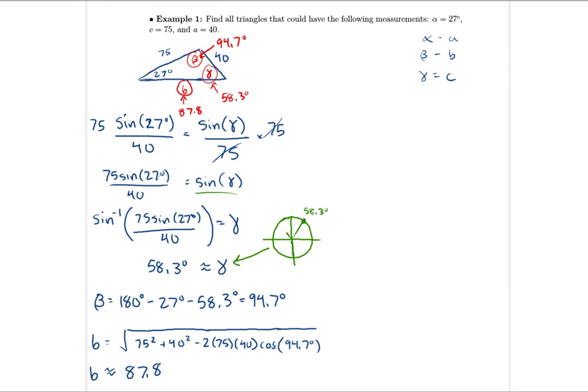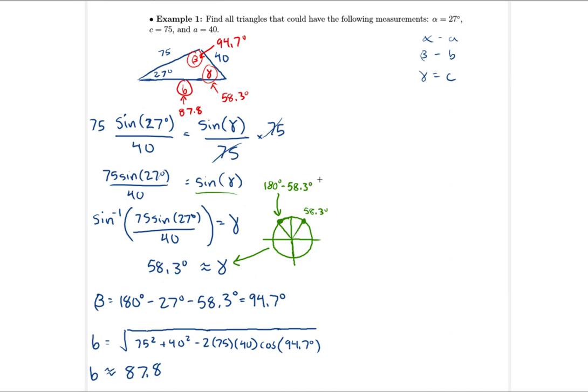The other one is over here, right? And we learned from our work in earlier standards that you can always find this one by taking 180 minus the first. So this is 180 degrees minus 58.3 degrees.